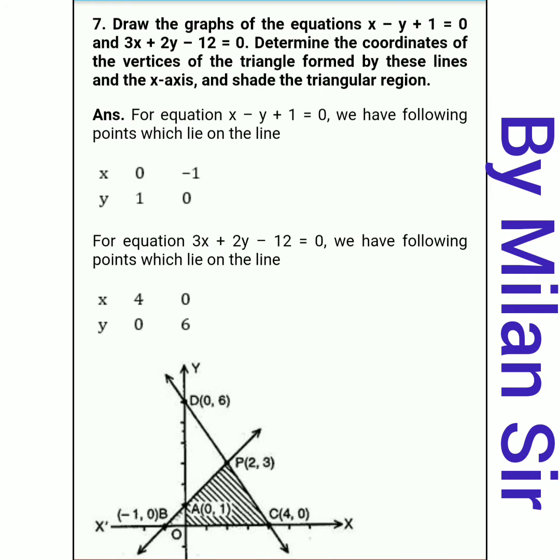Hi friends, today I explain exercise 3.2 question number 7. First of all, read this question. Draw the graphs of the equations x minus y plus 1 equals 0 and 3x plus 2y minus 12 equals 0.